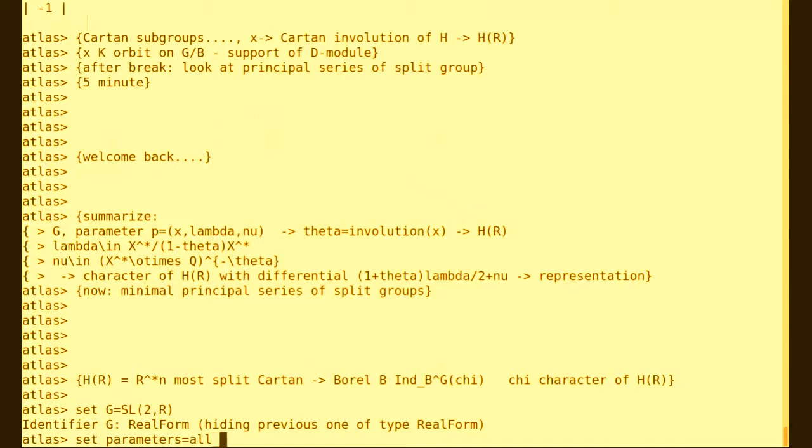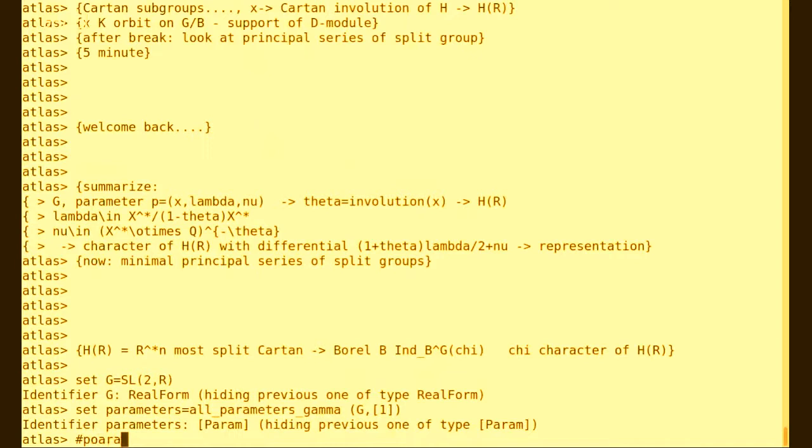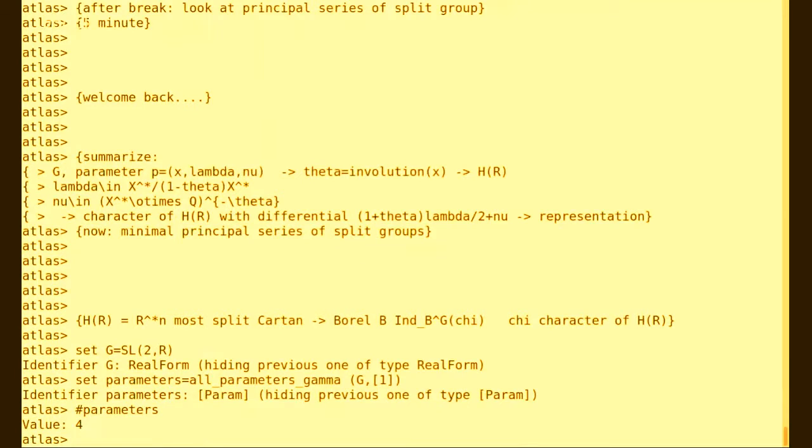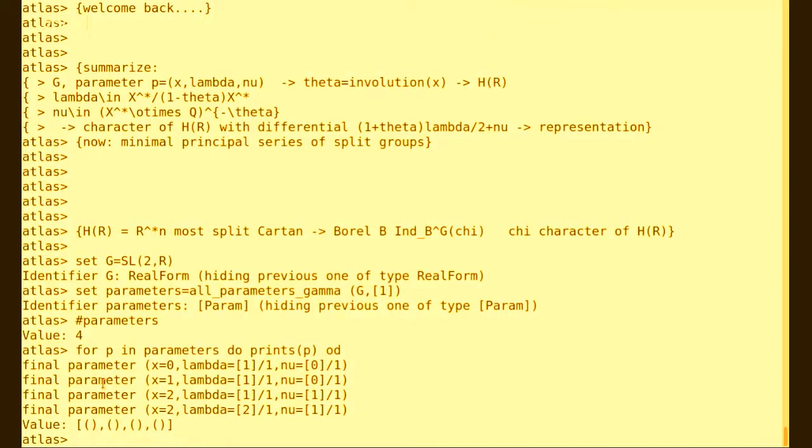Let's set parameters equal to all parameters gamma of G with infinitesimal character rho. And as I saw before, there are 4 of these. And for P in parameters, and here they are.